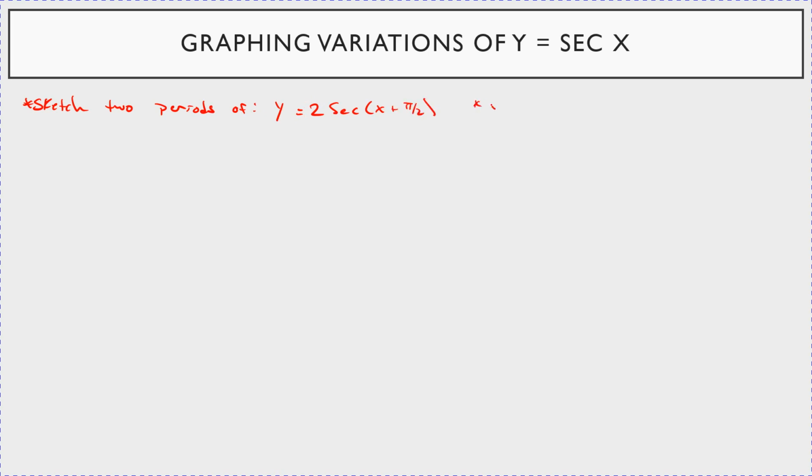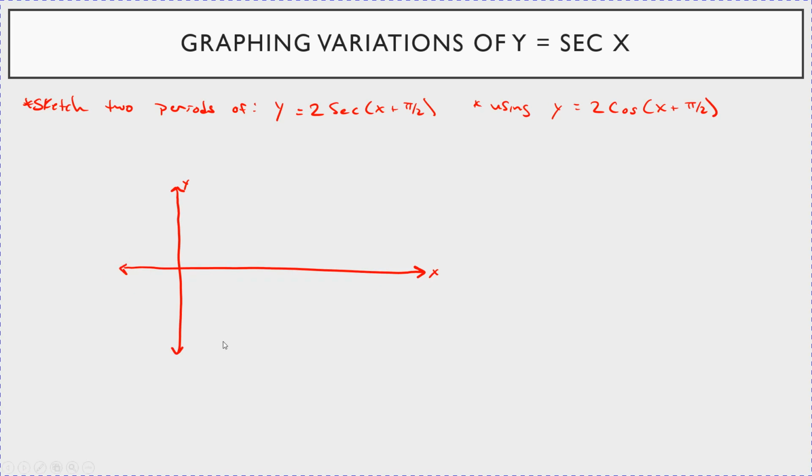And we're going to do it using y is equal to 2 times cosine of x plus pi over 2. Okay, so go back.